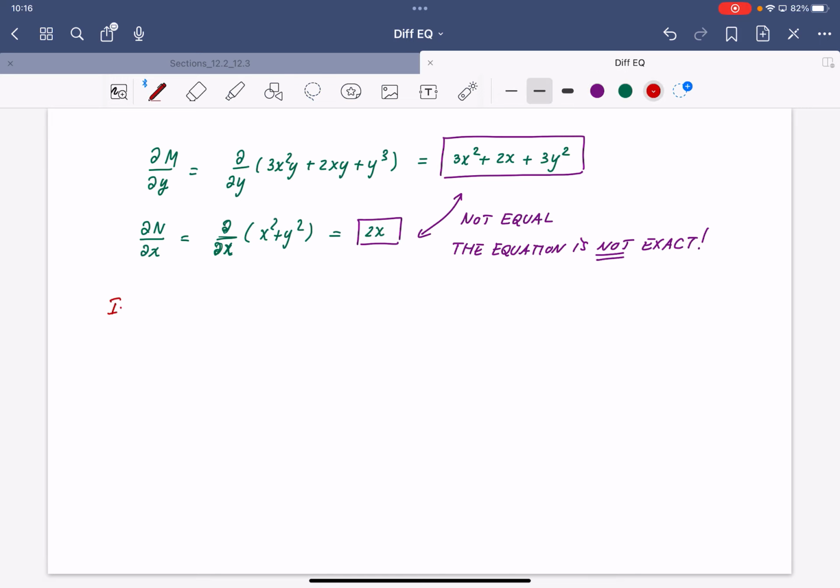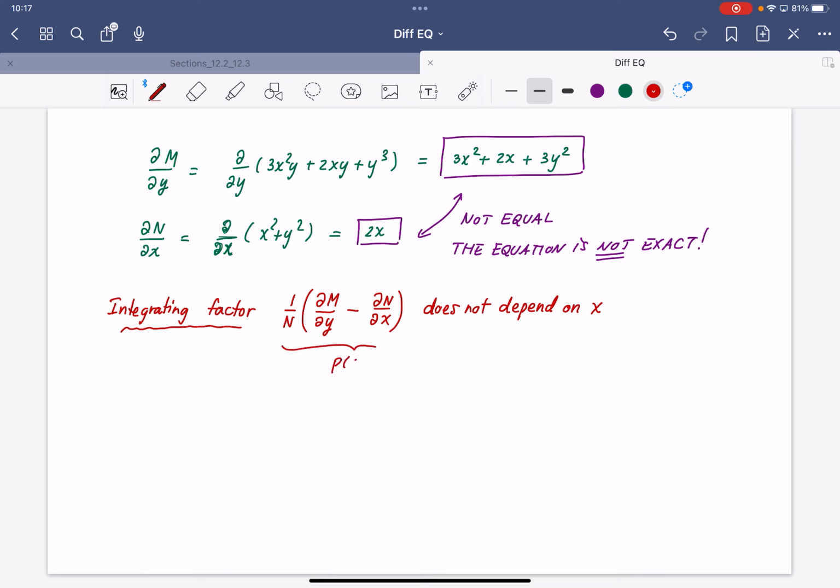We're gonna introduce something called an integrating factor. The integrating factor says that if you compute the derivative of M with respect to y minus the derivative of N with respect to x, and then multiply by 1 over N, and if this thing does not depend on x, we're gonna call this thing P(x).